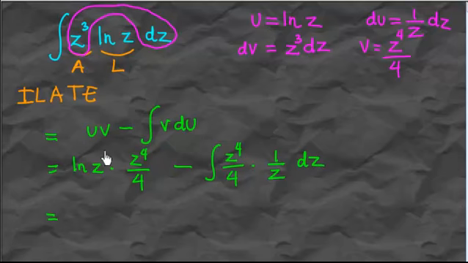Let's rearrange a little bit: 1/4 z to the 4th natural log of z minus, pull out the 1/4, and then we can simplify z to the 4th divided by z as z cubed.